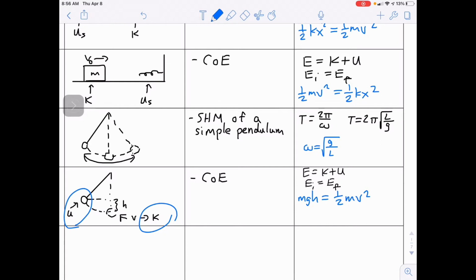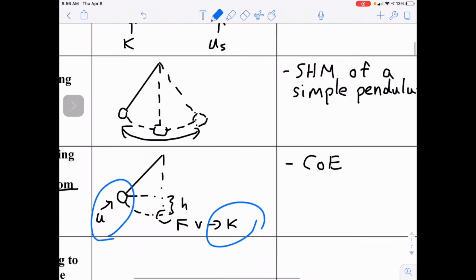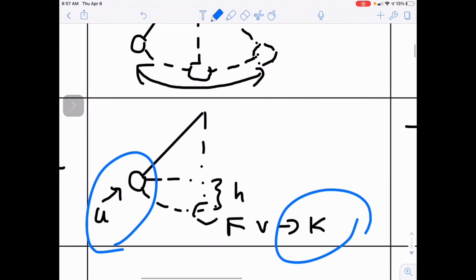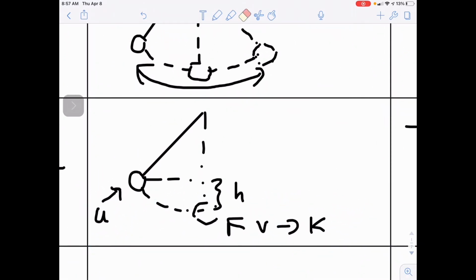But here's the next thing we must be able to show for a simple pendulum. This is what you must be able to derive and figure out. In order to figure out the height, you need a couple things. First, you need the entire length of the pendulum string.